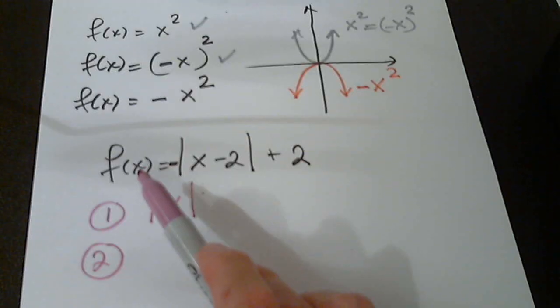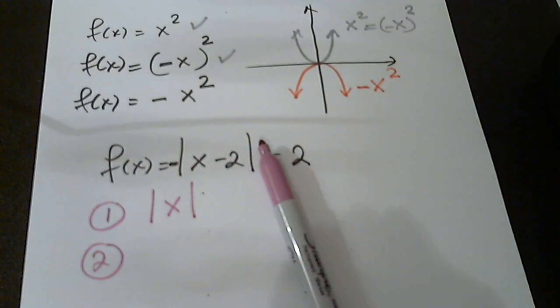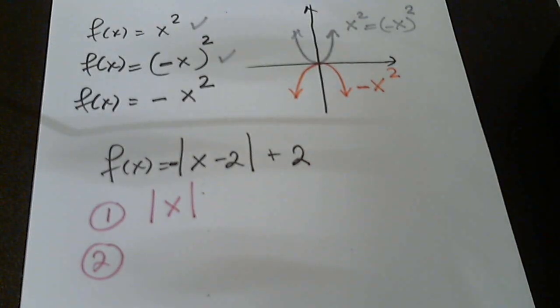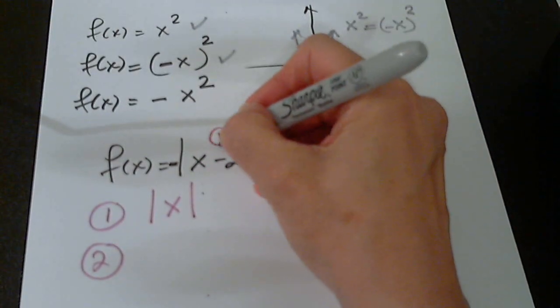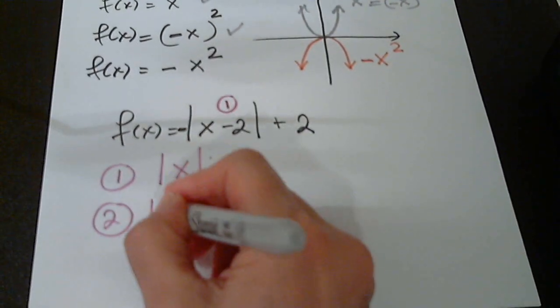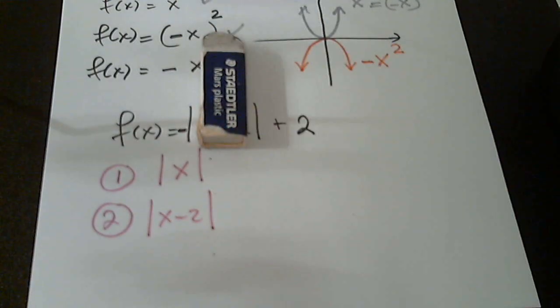Step number 2. If you're asked to evaluate this function for, let's say, x equals 3, which operation will you perform first? 3 minus 2? Exactly. So this is my first step. So that's my x minus 2. Perfect. Then which operation will you perform next? So now you have this number. We determine it. We apply the absolute value.